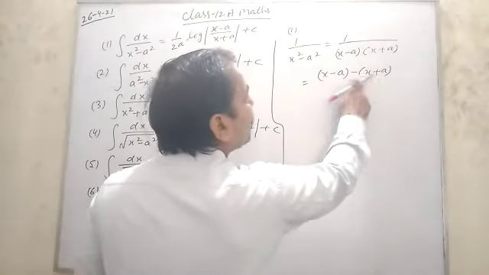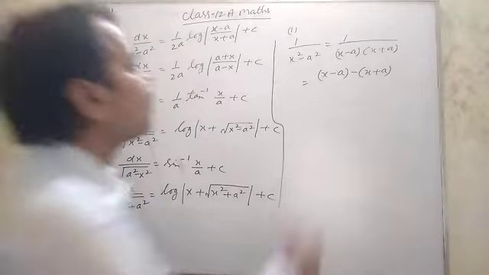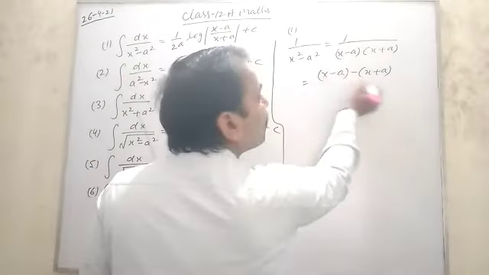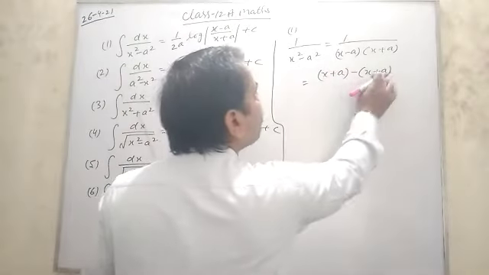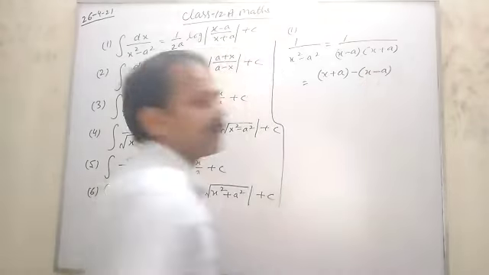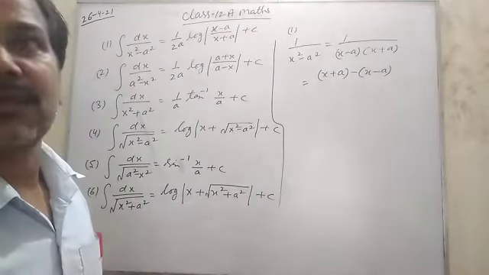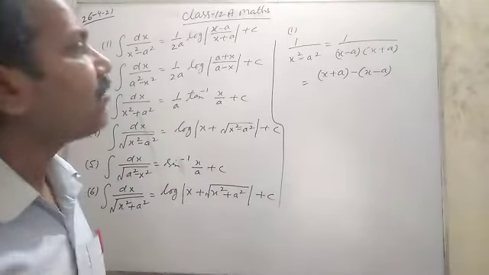So minus a and this minus a, so minus 2a. Or you can write like this, making it positive, x plus a minus x minus a. So in this case plus 2a will come. Before that minus 2a, now plus 2a.